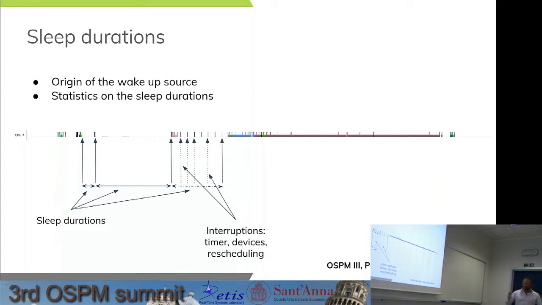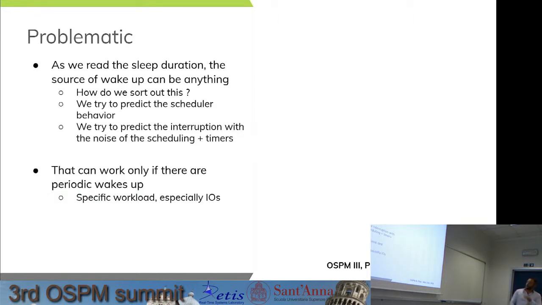So we actually have different kinds of sleep duration, because some are related to sporadic events on the system waking you up and then you go idle again, or you have a rescheduling making the idle task exit.